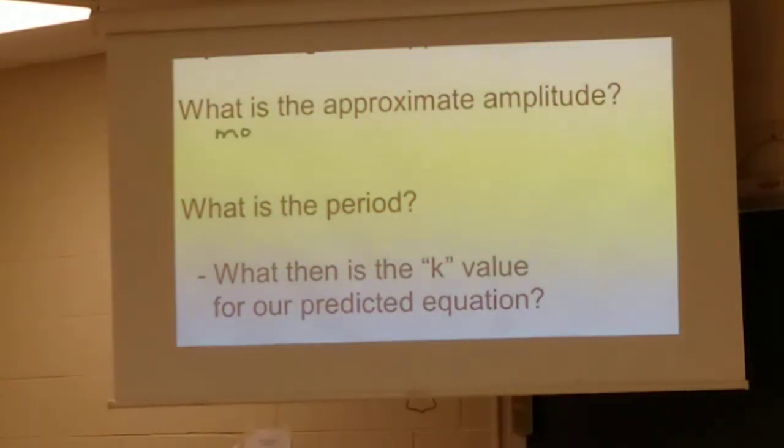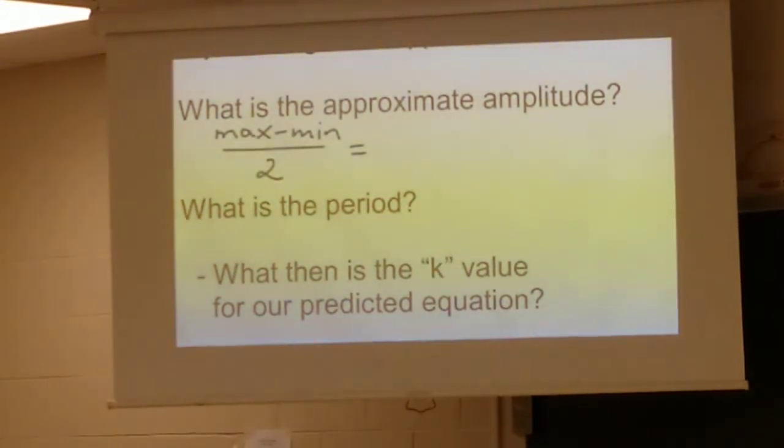Maybe you remember writing it down. If you don't, you might want to recopy it. It's a really easy formula, and it works every time. It's max minus min divided by 2. Again, max minus min divided by 2. That's the formula for amplitude.